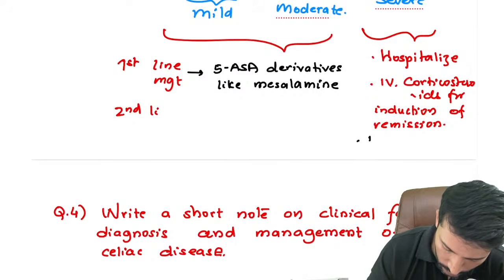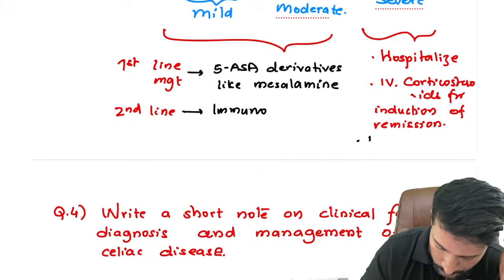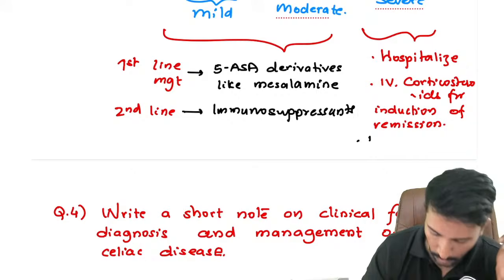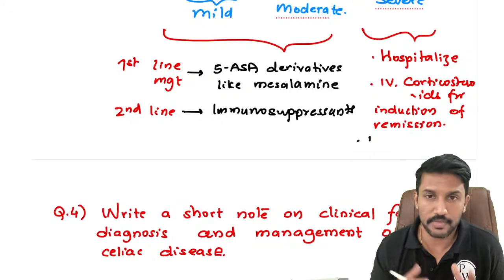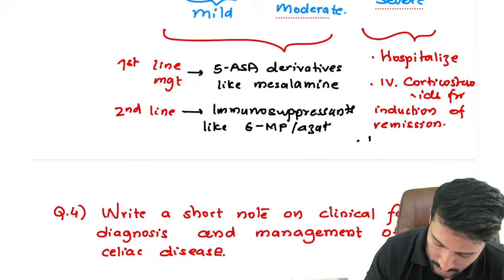Second line agents, we can consider using drugs like immunosuppressants. So if the mesalamine or any other 5-amino salicylic acid derivative is not giving the remission, then we can use immunosuppressants like 6-mercaptopurine or azathioprine.